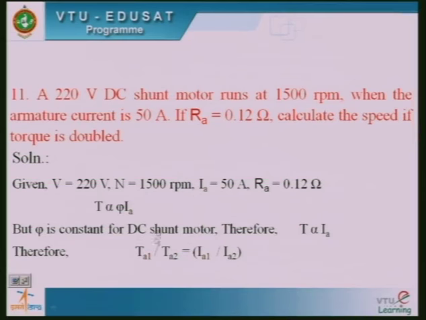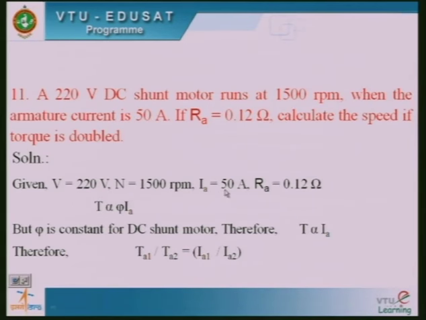Since it is a shunt motor, flux is always constant. Since flux is constant, T is directly proportional to Ia. You have two conditions, one at torque T1, another at torque T2. Torque T2 is equal to 2 times torque T1.